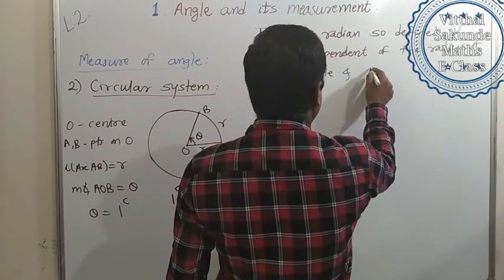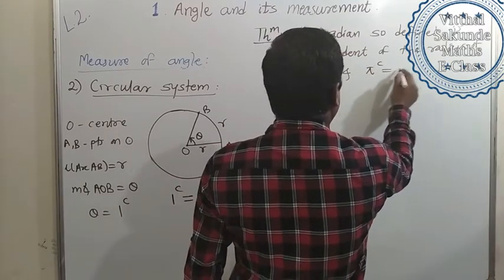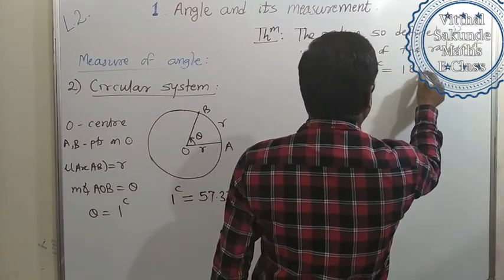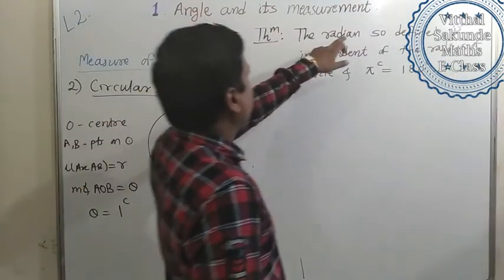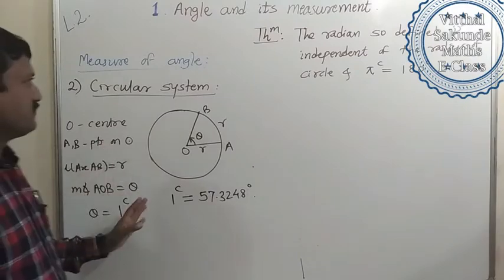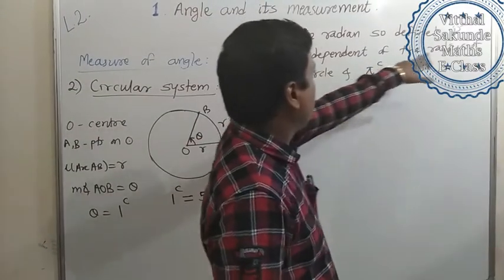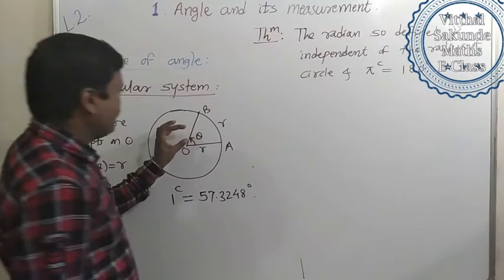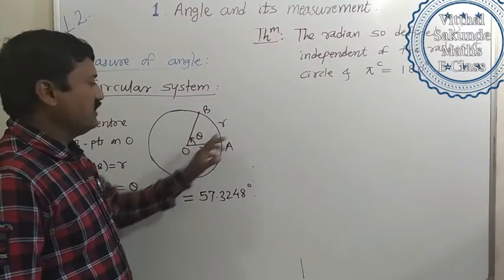And pi radian is equal to 180 degree. The radian so defined, means in this way we have defined 1 radian. This definition of radian is independent of the radius of the circle. Means this 1 radian does not depend on the radius of the circle.